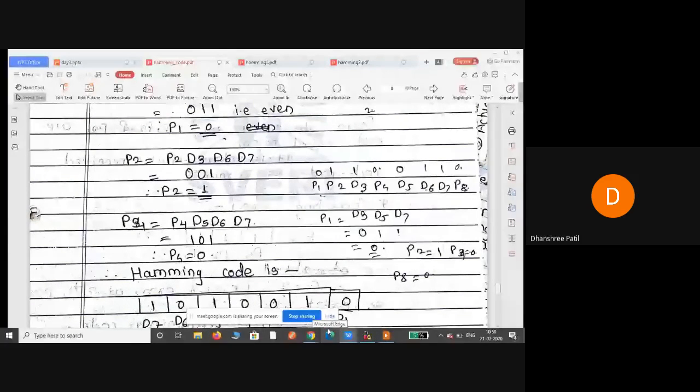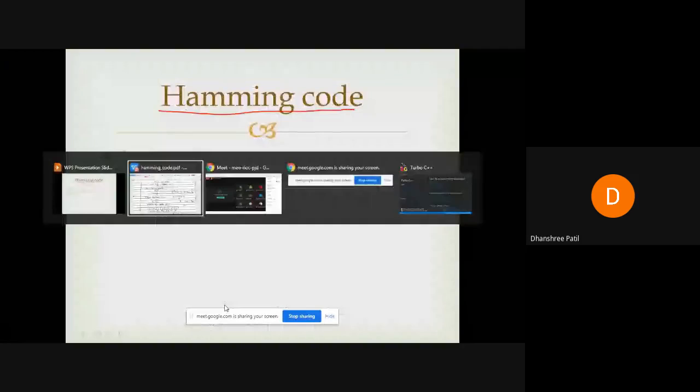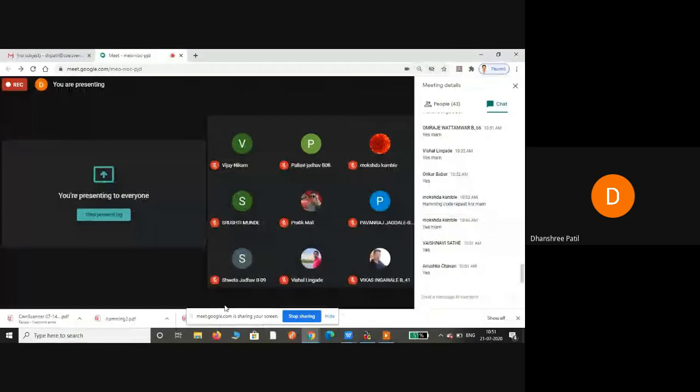Did you understand up to here, how the structure came, how we got the complete Hamming code? Yes, ma'am. Everyone, there is no doubt. Yes, ma'am. No, everything is understood. Yes, okay, most of you have understood. Good one. Okay, fine. So you have understood it.